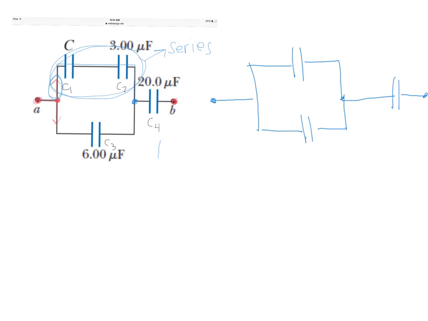So let's label our capacitors. We now have C1,2. This one down here would be C3. And this on the right side would be our C4.